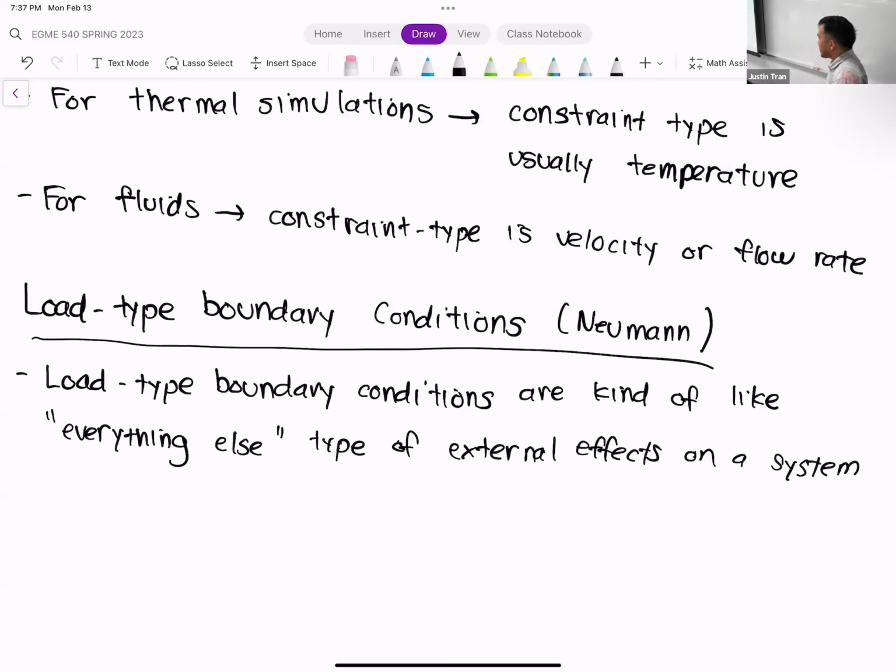So basically any external effect that does not count as a constraint type boundary condition, that's not directly constraining the solution variable, we call that a Neumann.